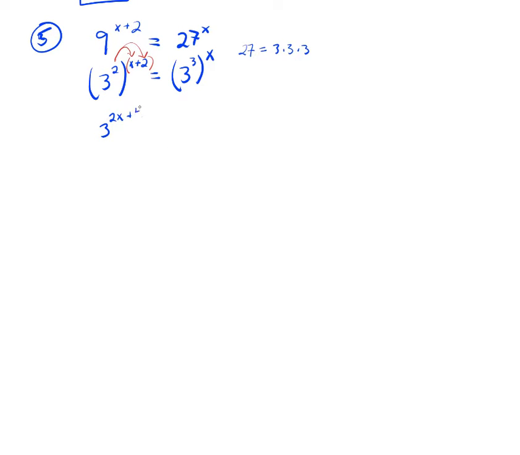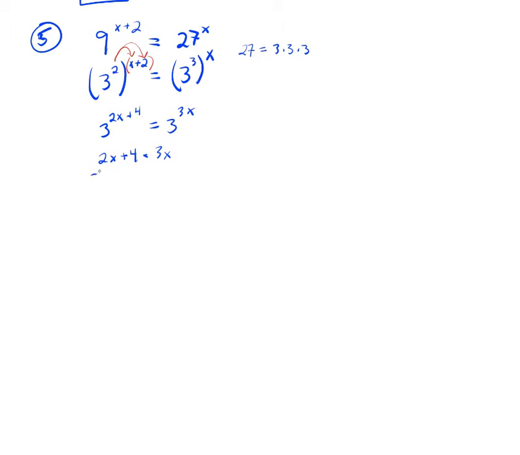So this one has to be a 4 plus 4 at the end. Now the one on the right is a little bit easier because there's only one term to multiply. And now we have the same bases, so we can use our property of equality for exponential equations and set the exponents equal.